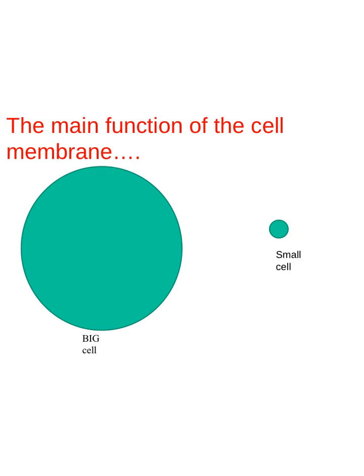All right, so if we look at the main function of the cell membrane then, well, there's two things. One, yeah, it helps maintain the cell shape and contains what's inside and keeps what's outside, but it also controls what goes in and out of a cell. And that's extremely important. Now, we're going to spend a lot of time looking at how stuff gets in and how stuff gets out.